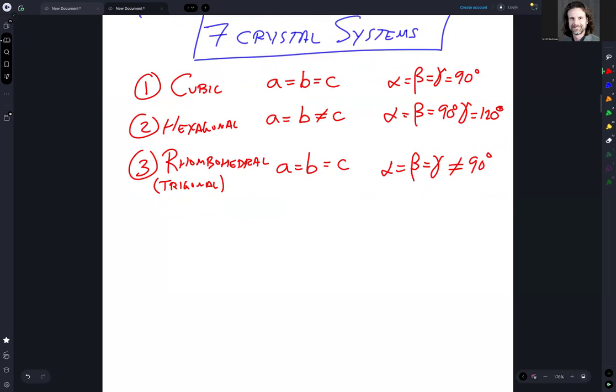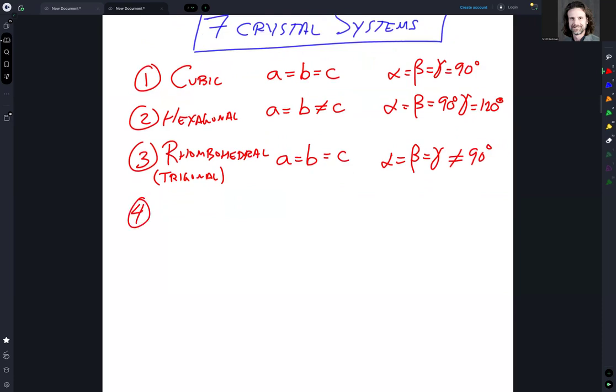And we have the orthorhombic. In the orthorhombic, A is not equal to B is not equal to C, but alpha equals beta equals gamma is equal to 90 degrees.